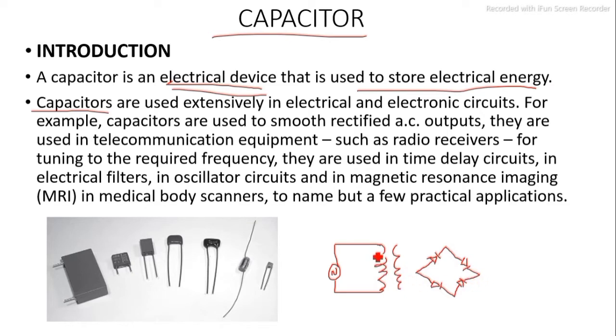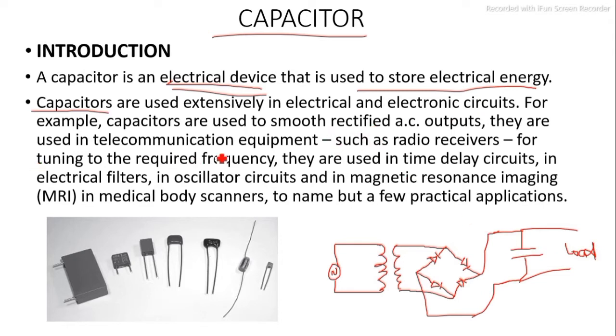Then this is connected to it. The output is taken from here. Now this output can only be smoothened by what? By a capacitor. So this output is smoothened by a capacitor before going to your load. So that's one of the functions of a capacitor in a rectifier.